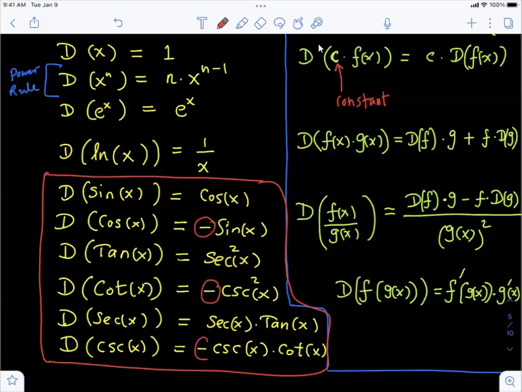Make sure that you do not drop those negative signs. The derivative of sine is cosine. The derivative of cosine is negative sine x. The derivative of tangent x is secant squared. The derivative of cotangent is negative cosecant squared. And the derivative of secant is secant times tangent. The derivative of cosecant is negative cosecant times cotangent.